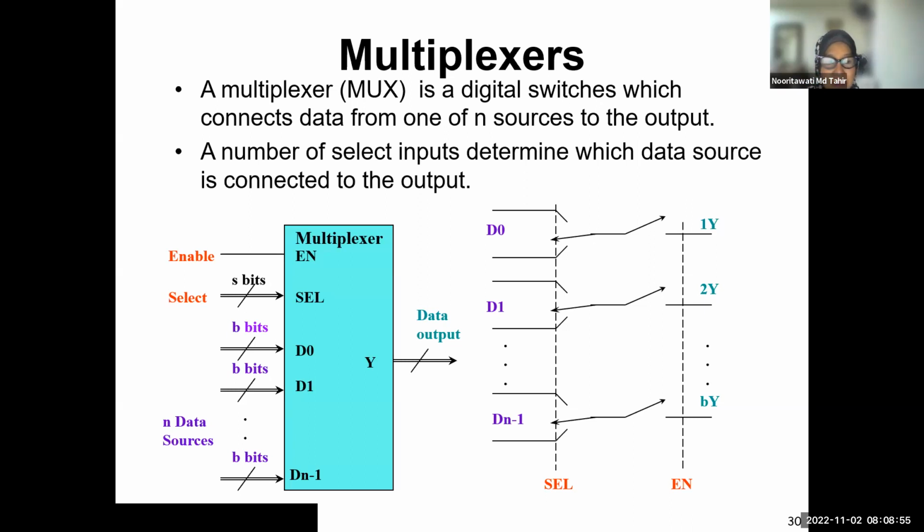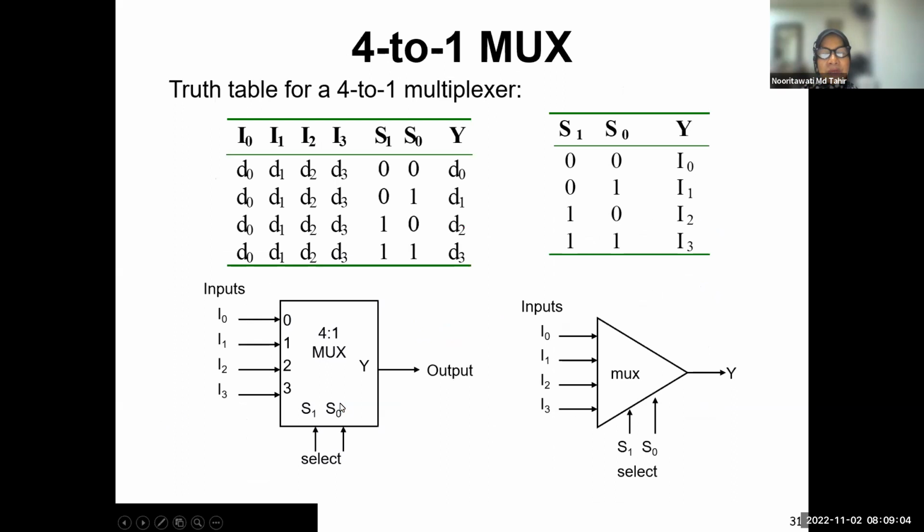That is what we need to know about multiplexer. From the name, multiplexer has only one output. You have to remember that.